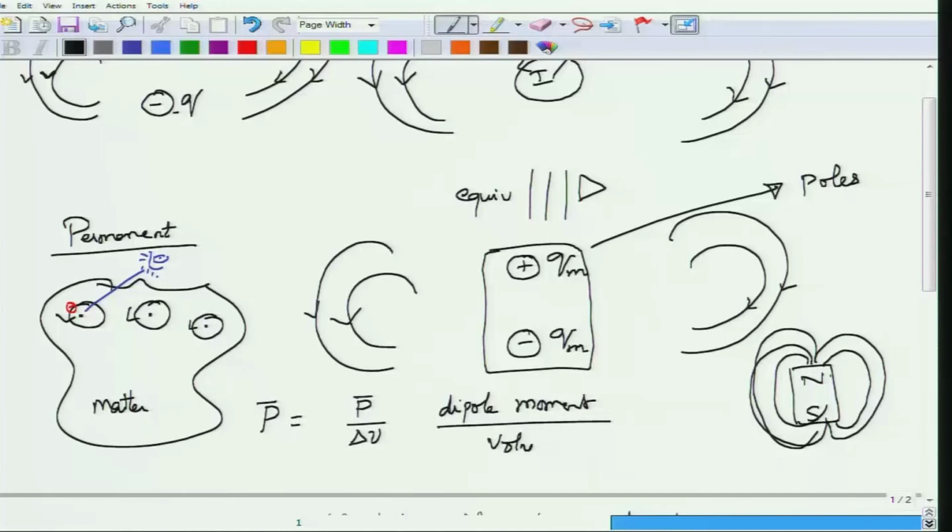So, we introduced this P, and then we introduced a new vector called D, and we related D to E and P in this expression. This is what we did for a dielectric material. Now, we are going to do this for magnetic material, which means that we are going to look at magnetic dipole moment per unit volume, call that a certain vector M. Just as we have polarization, we will have a magnetization vector, and that magnetization vector will relate B and H. So, let us do that.